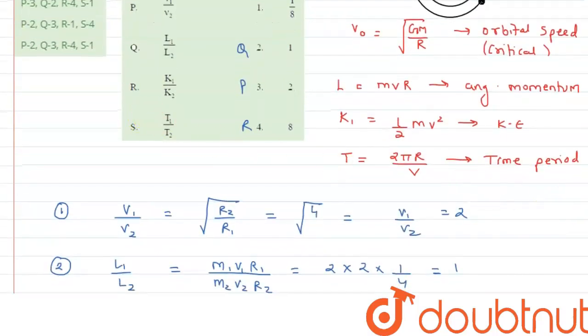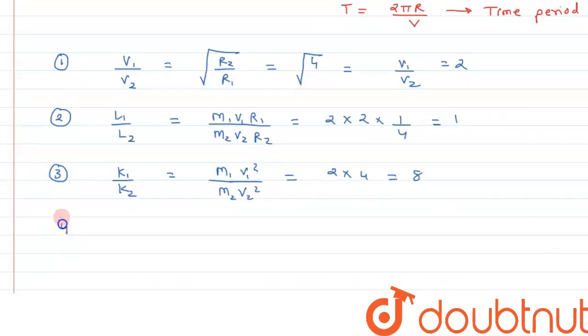And finally we have to calculate time period. T1 by T2 will be r1 by r2, as both are in direct relation, and with velocity it is inverse, so we write v2 by v1. r1 by r2 is 1 by 4, and v2 by v1 is 1 by 2.